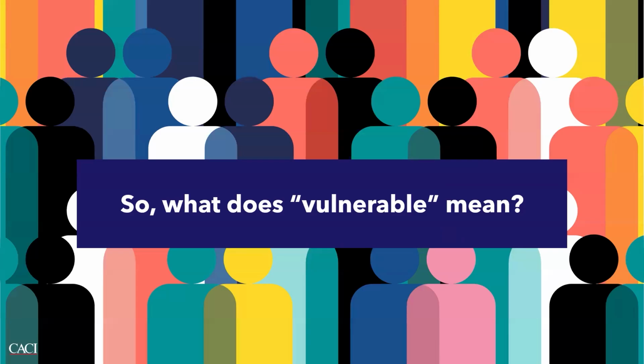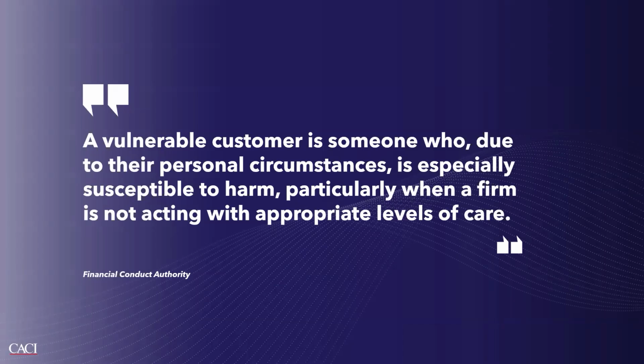So what do we mean by vulnerable customers? The FCA's definition of vulnerability here is deliberately broad. Essentially, as we'll explore today, vulnerability is a spectrum of risk. It's far broader, more fluid and dynamic than it appears at first glance, and this does have big implications for compliance.